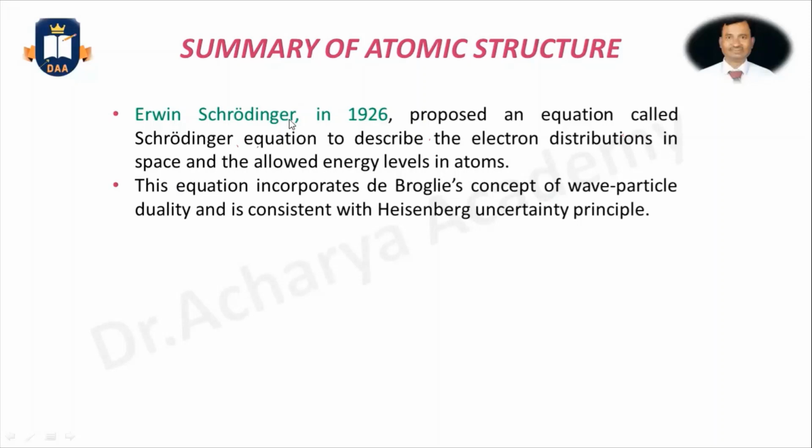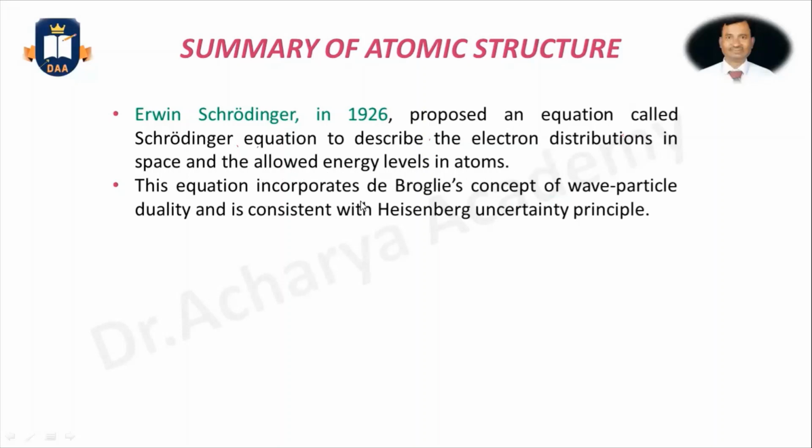Erwin Schrödinger in the year 1926 introduced an equation, which is called the Schrödinger equation, and it describes the electron distribution in space and the allowed energy levels in atoms.